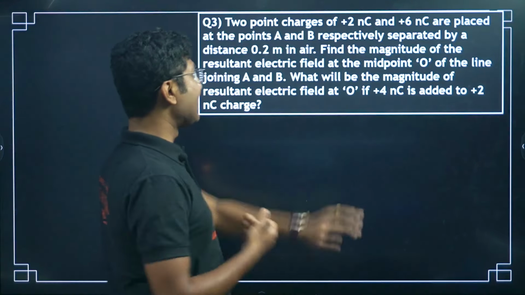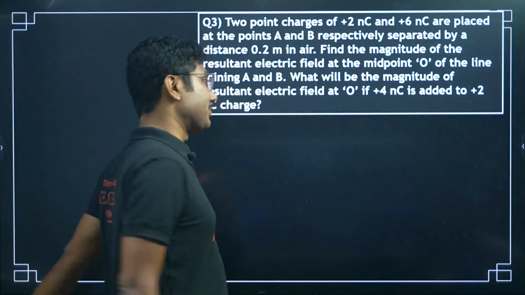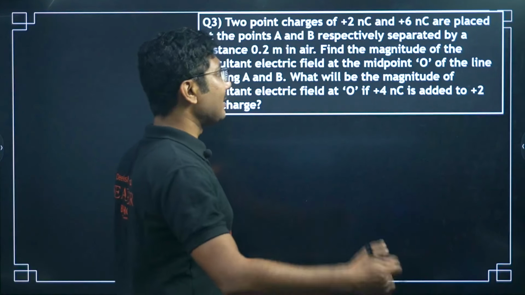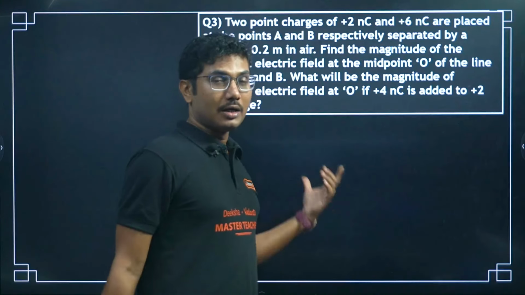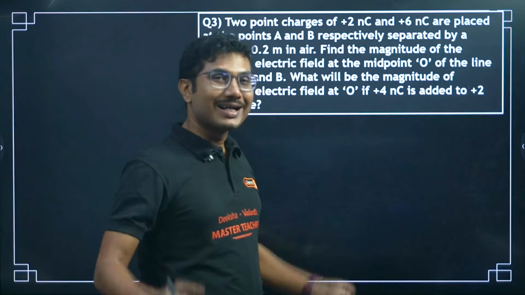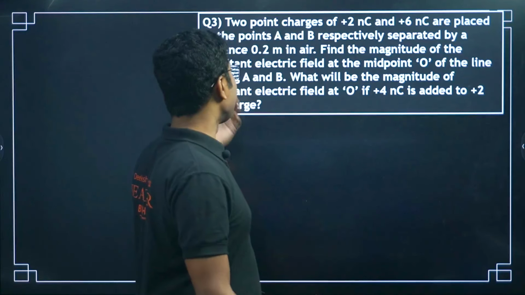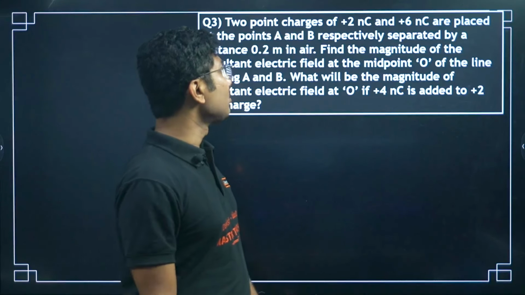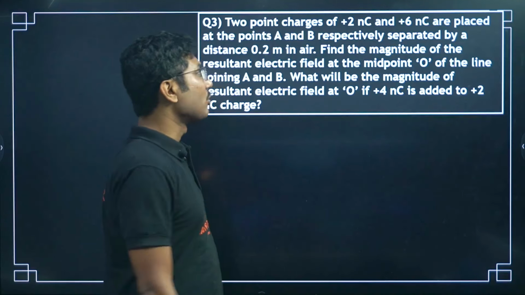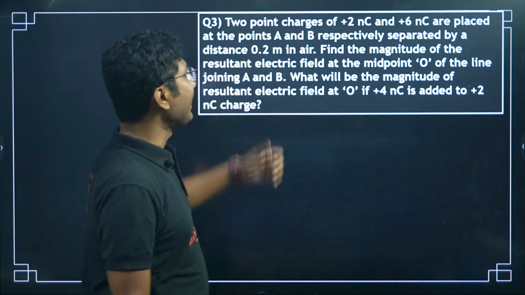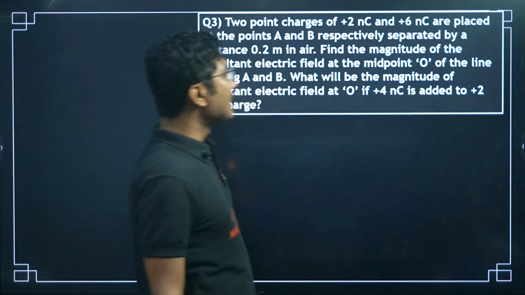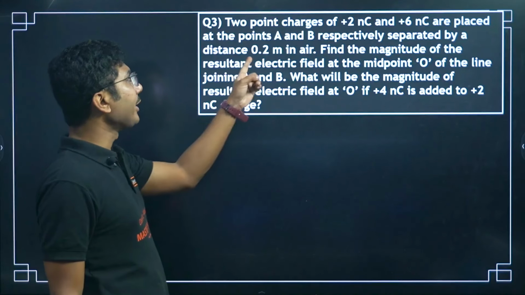Two point charges. Here both of the charges are positive. Again, the diagram is not compulsory for the marks, but it is compulsory to understand the question. That's what is important. So two point charges plus 2 nanocoulomb and plus 6 nanocoulomb are placed at points A and B respectively, separated by a distance of 0.2 meter in air.